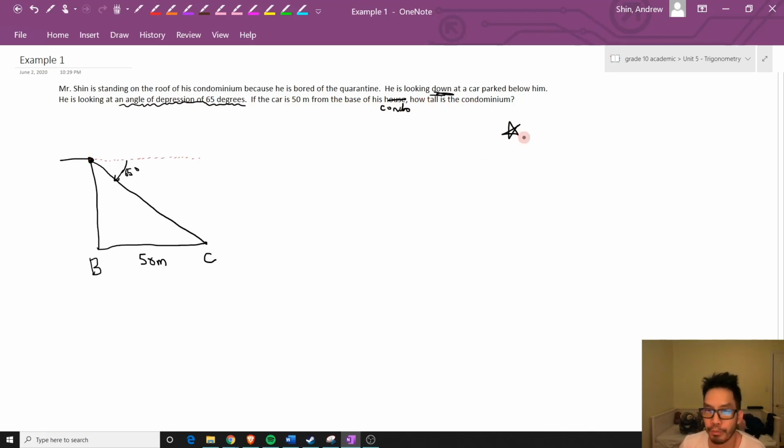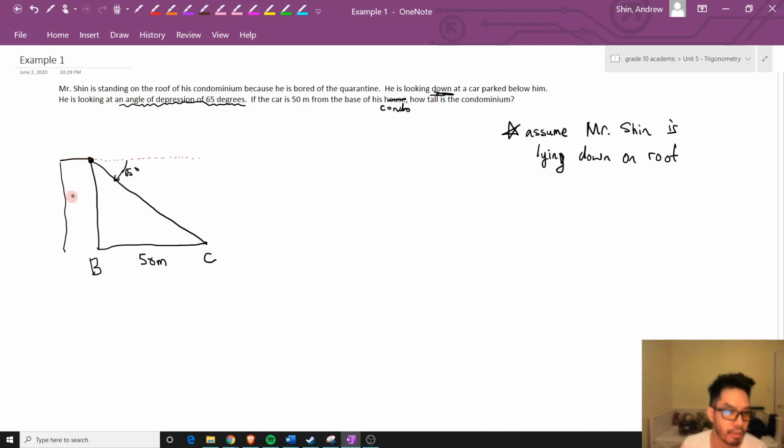Okay, so assume in this case, because they didn't give my height, assume Mr. Shin is lying down on the roof. So I don't actually have a height here. So the height of where my eye level is will actually match the height of this building.